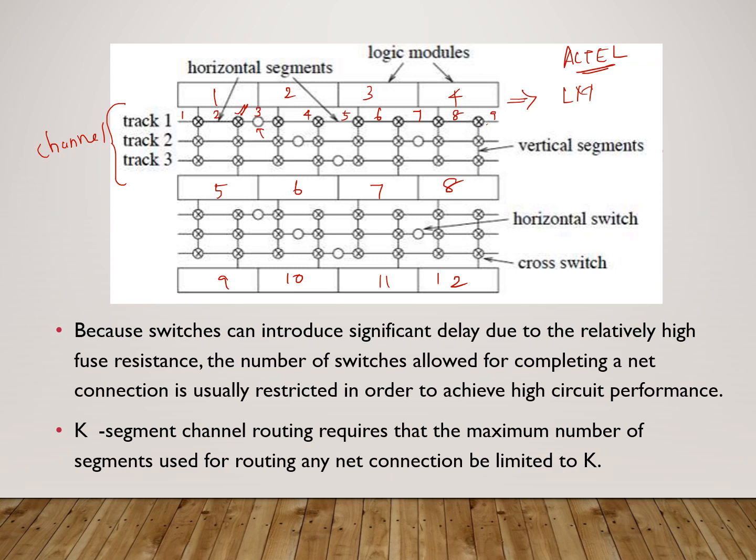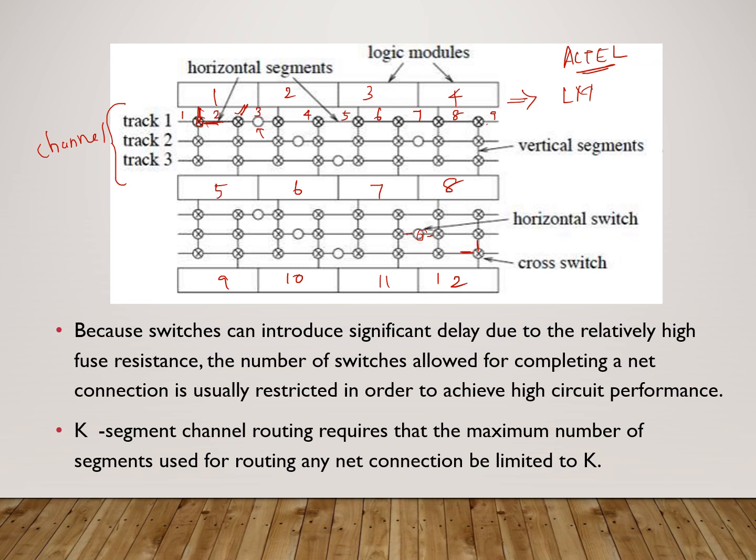And if you want to make the connection between vertical and horizontal segments, we need to use a crossing switch, right? See, if you want to connect vertical as well as horizontal, we have to use a cross switch. And if you want to connect two horizontal segments, we have to use a horizontal switch, right?